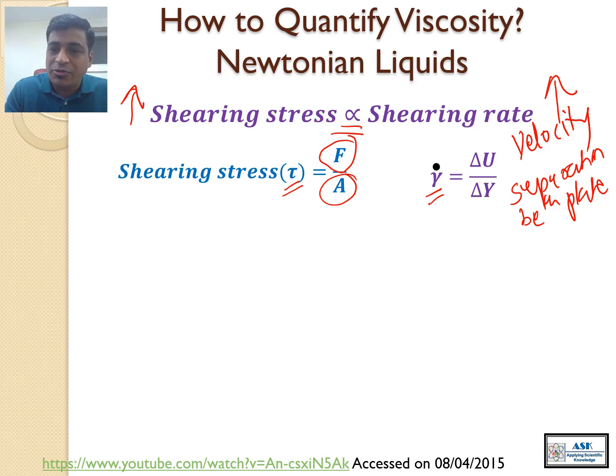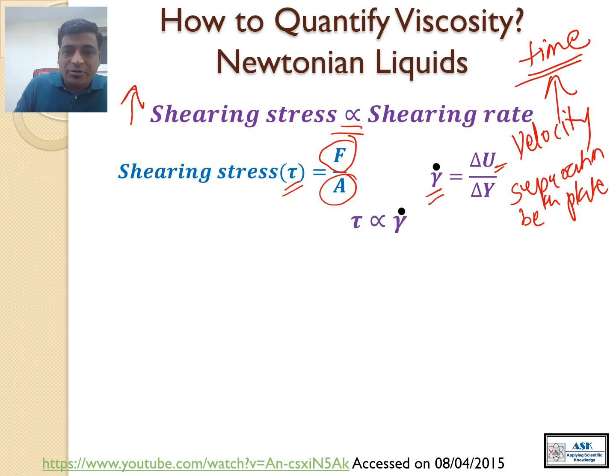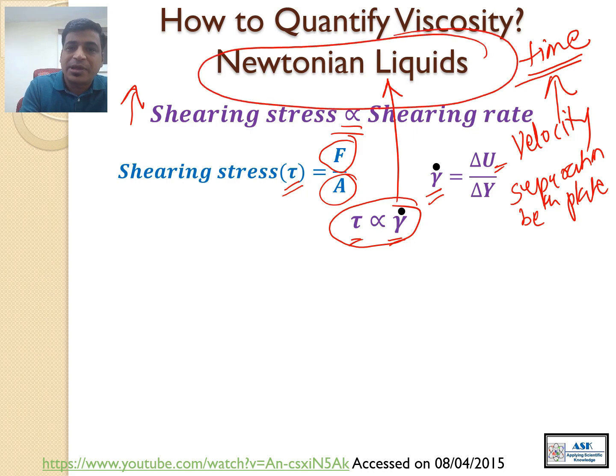You want to do some changes in the liquid plate separation in order to flow. It's not only that, but it depends on a lot of factors. As I said in my previous video, it depends on the velocity, and it also depends on the time. So when tau is proportional to gamma dot, liquids which follow that relationship are called as Newtonian liquids.